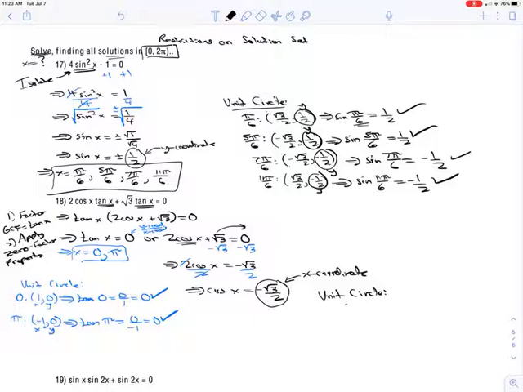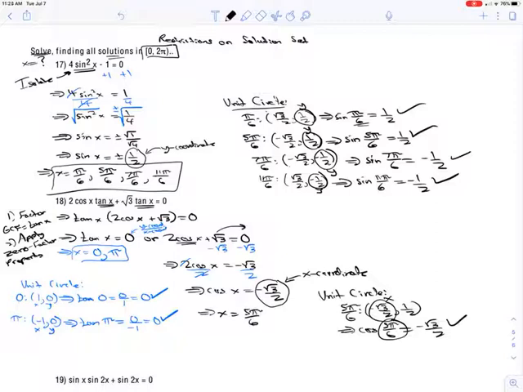So at 5 pi over 6, what's the ordered pair? Negative square root of 3 over 2, 1/2. There's that x-coordinate. So the cosine of 5 pi over 6 is equal to negative square root of 3 over 2. So there's a solution. So x equals 5 pi over 6.